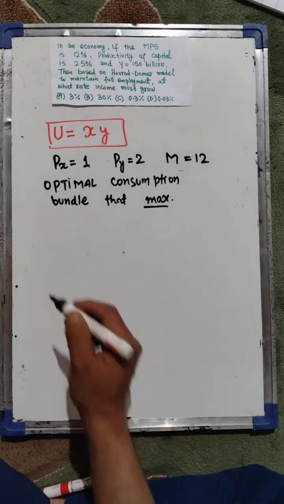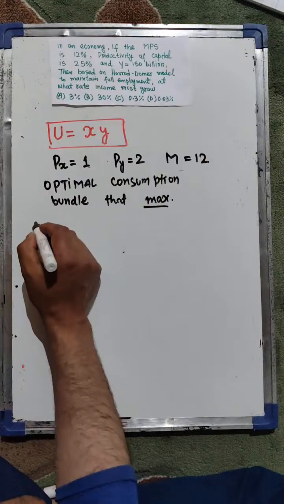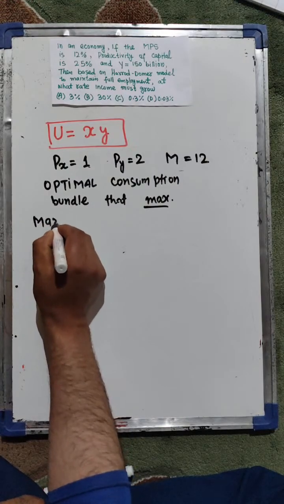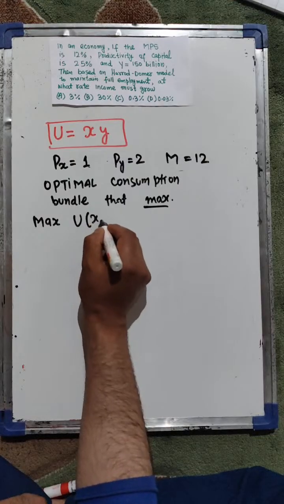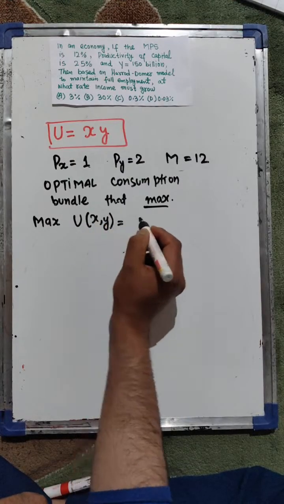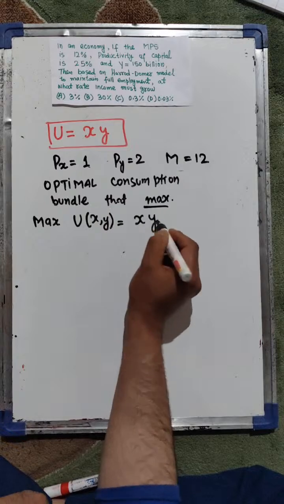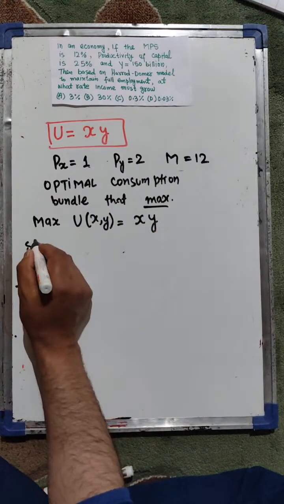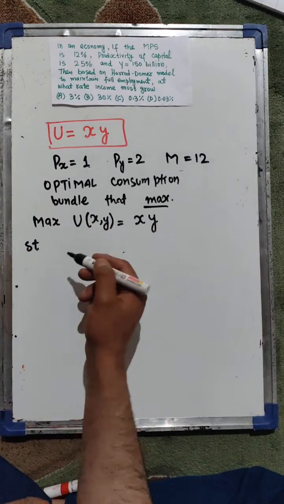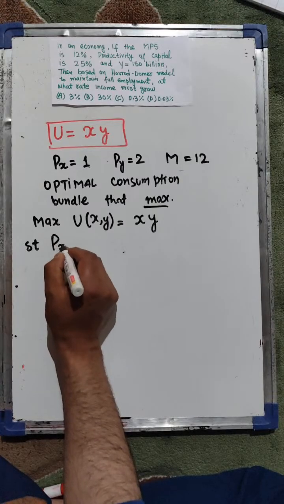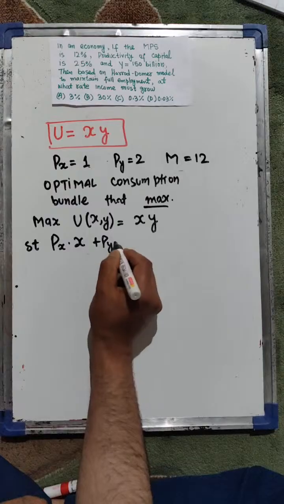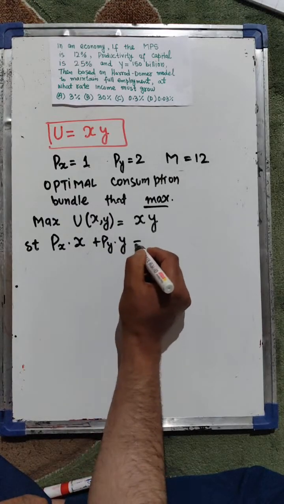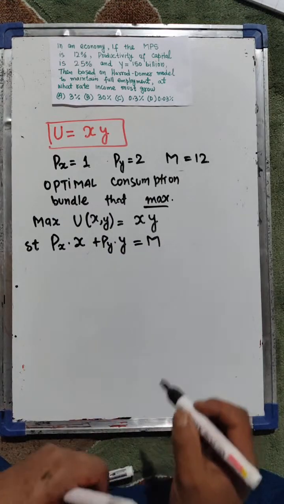Okay, so the solution will be to maximize the utility derived from the consumption of good x and y, which is equal to x times y. This is the utility function subject to the constraint that the consumer is facing, that is price of good x times units of good x plus price of good y times units of good y should be equal to total income of the consumer.